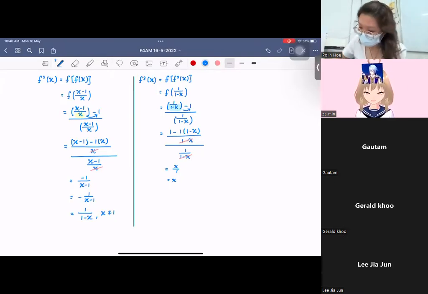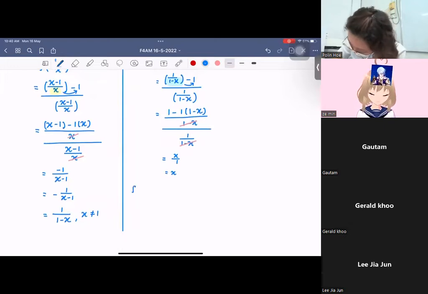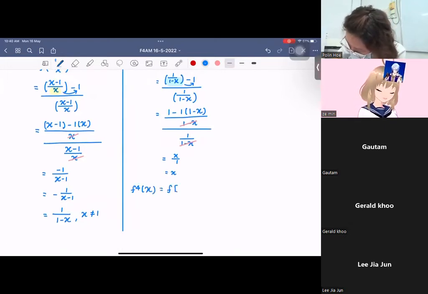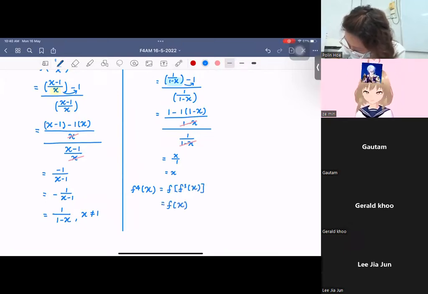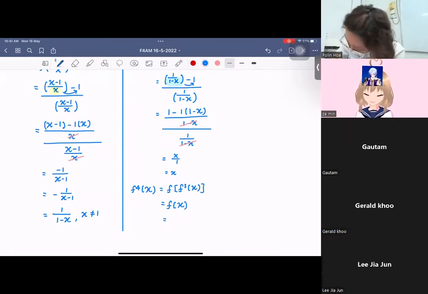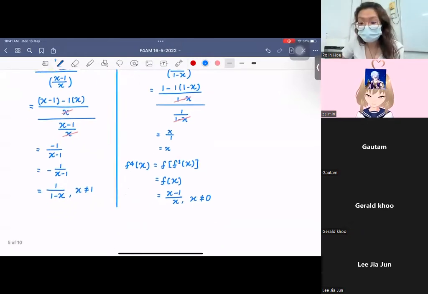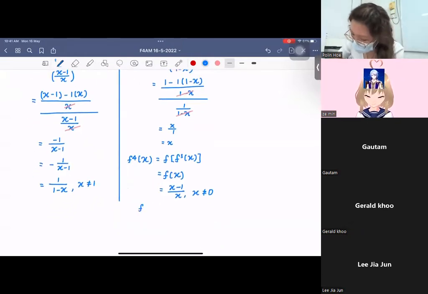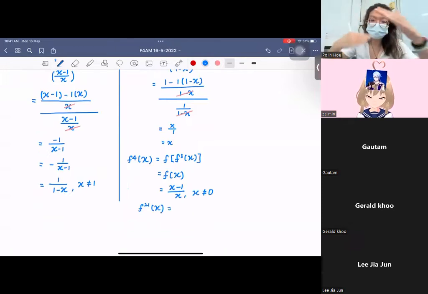Now f4 equals f3(x) equals f(x). What is f(x)? f(x) is my question, x minus 1 over x, x is not equal to 0. And lastly, f21(x).